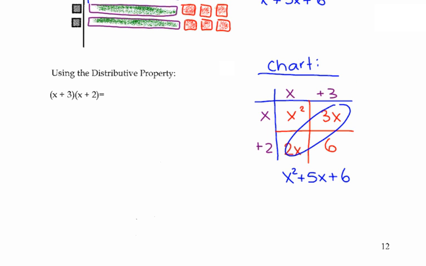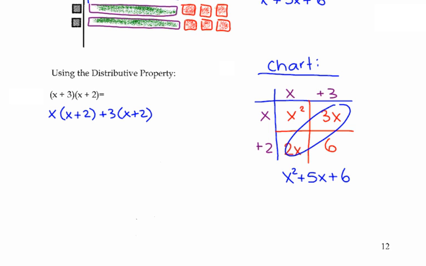So distributive property is an extension of the distributive property you learned last year in grade 9. The difference though, when we're multiplying by a binomial, x has to multiply by x plus 2, and so does the 3. And so how we're going to write this is we're going to write this x times the x plus 2, and then the plus 3 times the x plus 2, because both of them need to multiply by the x plus 2.